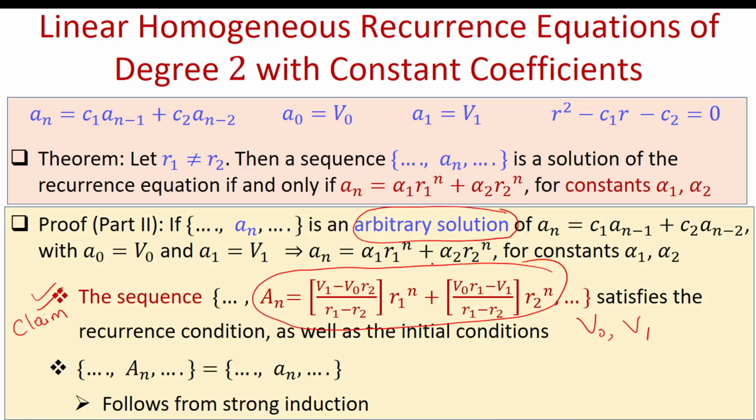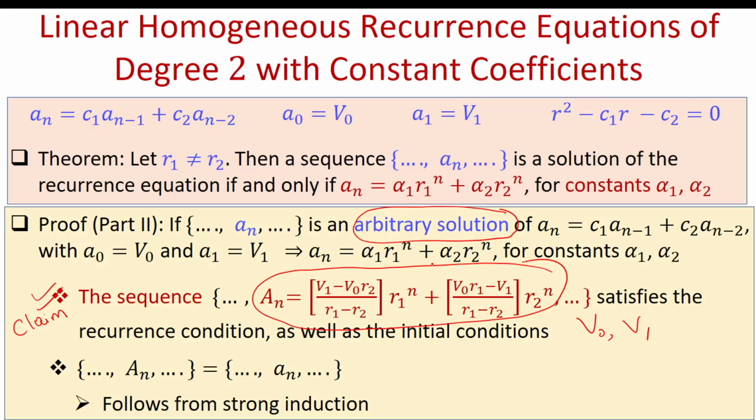If I don't put the restriction that their initial conditions are the same, that means if I have sequence A and sequence B whose initial conditions are different and nth terms are different, satisfying the recurrence condition, that's possible. But I can't have two different sequences, A sequence and B sequence, whose initial terms are the same and nth terms are different, but simultaneously satisfying the recurrence condition.